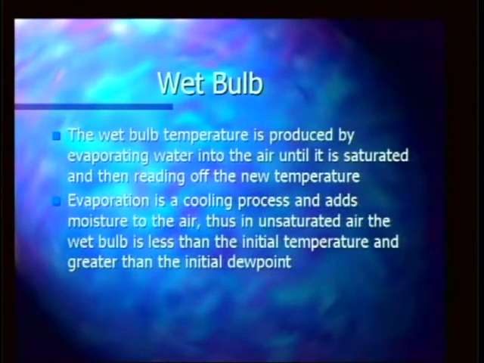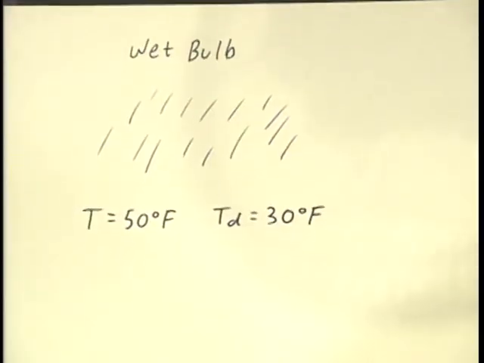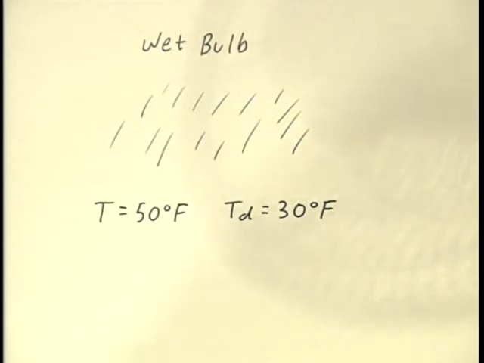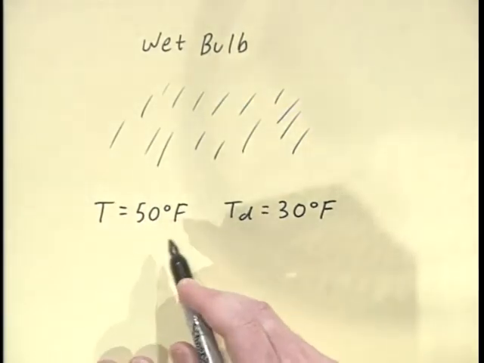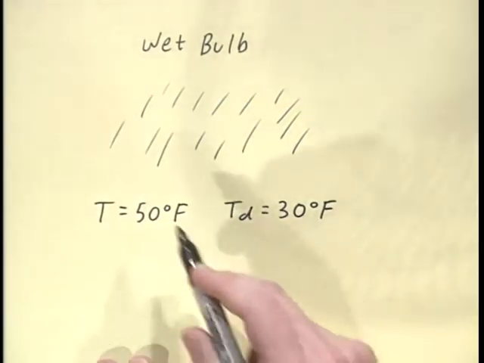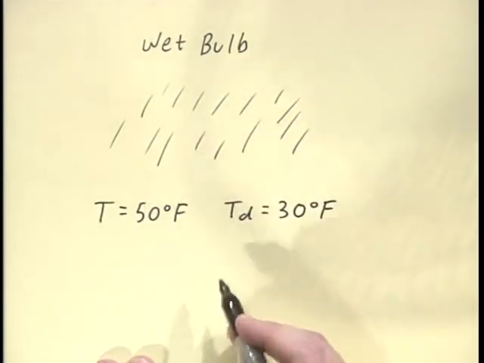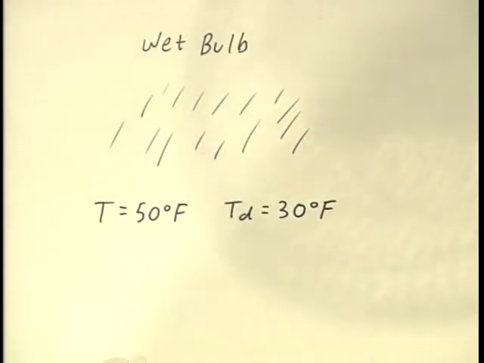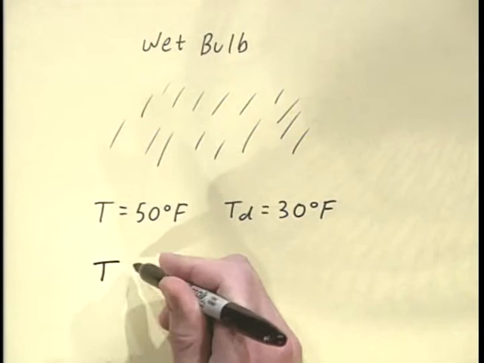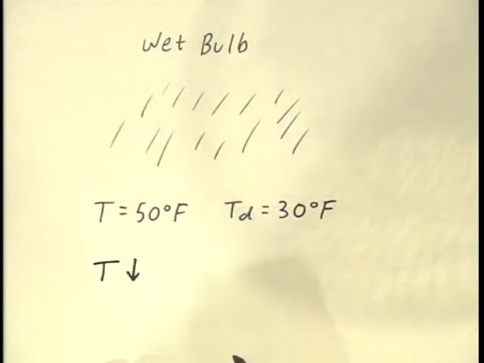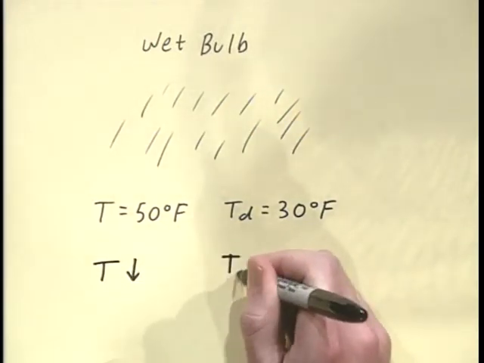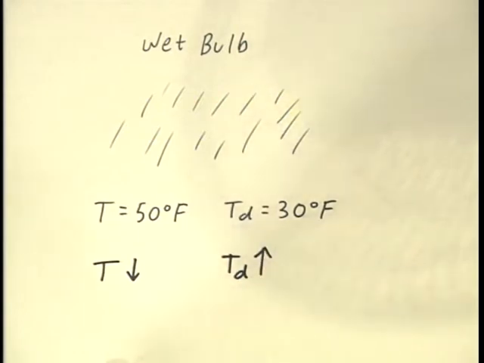On the overhead, we'll take a look at an example of air that is initially unsaturated. It has a temperature of 50, dew point of 30. Rain falls into that air, and what happens is that the temperature starts to go down because you have evaporational cooling, but the dew point value goes up because you're adding moisture to the air.